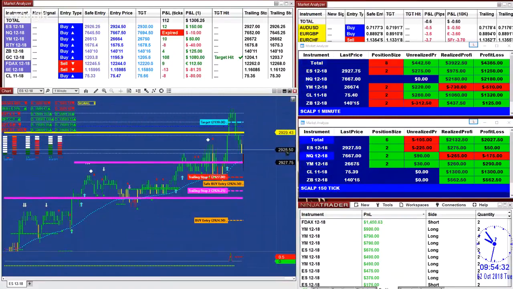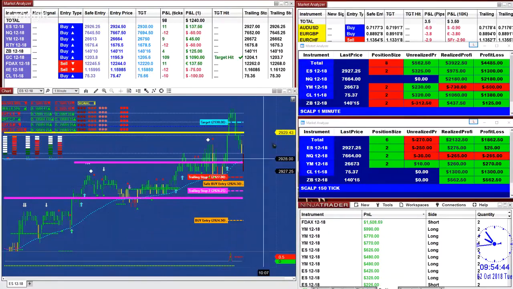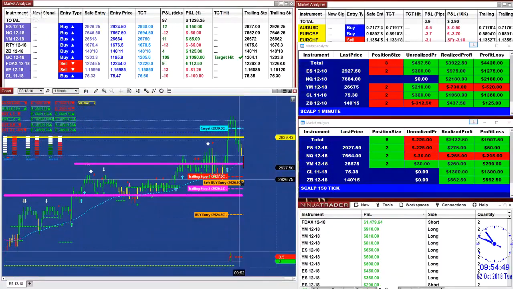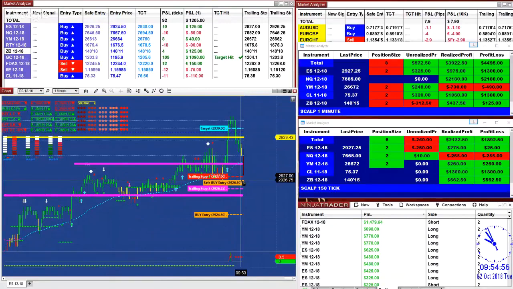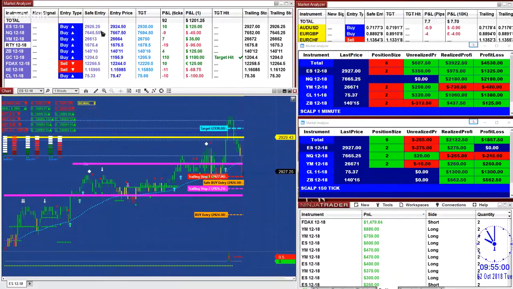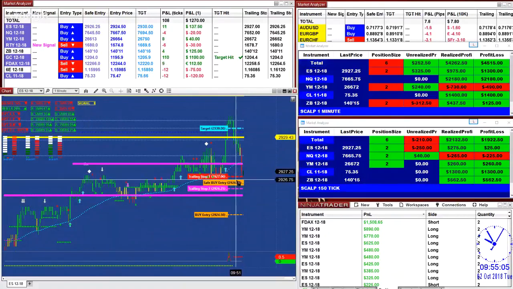Just if you allow me a few seconds so I can see what is going on with the ES, and I will nail it for you. No problem. This market is extremely fast. On the market analyzer, it says 29, 26, 25. And this is a very nice signal.